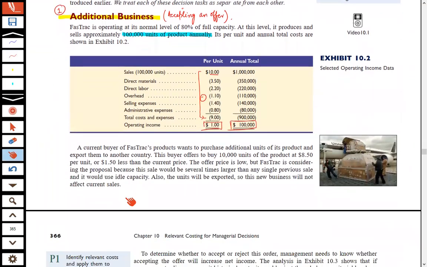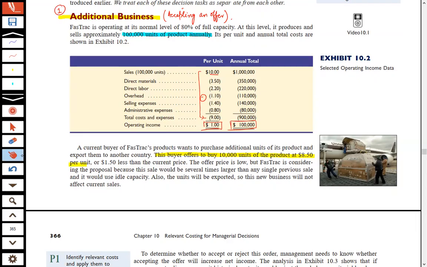Now, what is the issue? The issue is that a current buyer of Fast Track's product wants to purchase additional units of its product and export them to another country. That is not the issue, whether he exports or not. The issue is that a current buyer wants additional units. Now the situation starts here. This buyer offers to buy 10,000 units of the product at 8.5 per unit.